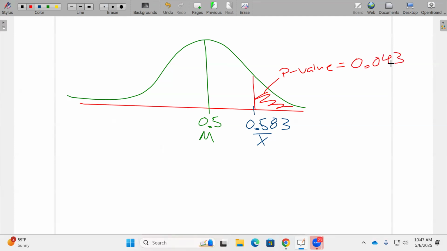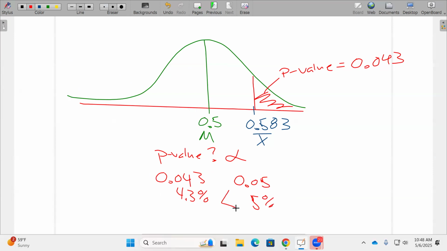Okay, so the next thing is, how does that compare to my significance level? Once I get that set up, I compare the p-value to the significance level. My p-value is 0.043, or you could say it's 4.3%. My significance level, we went with the standard, 0.05 or 5%.